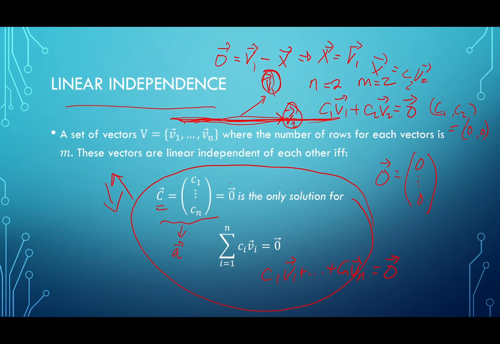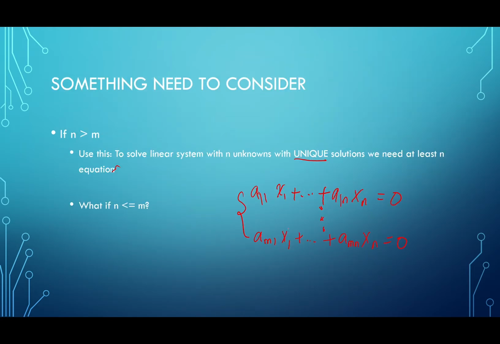I just wanted to represent a linear system of equations, but actually the definition of linear independence can be written as follows: c1 v11 and so on until v1m, because there are m rows, so maybe I just change the index to m1.